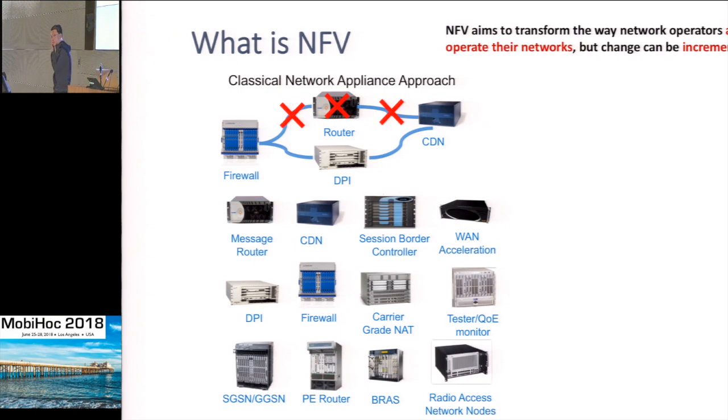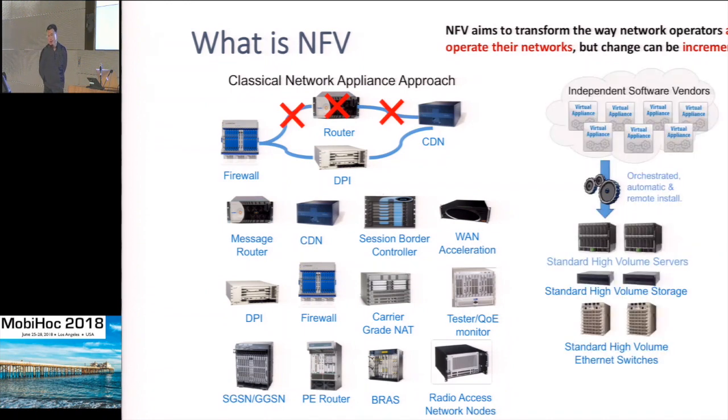So NFV basically aims to transform how network operators architect and operate their networks, and the change can be incremental. The idea is that instead of fixing the software and the services on the hardware, we virtualize it and create software for each of these types of services. For example, we can have software for firewall, software for routers, software for DPI, and so on and so forth.